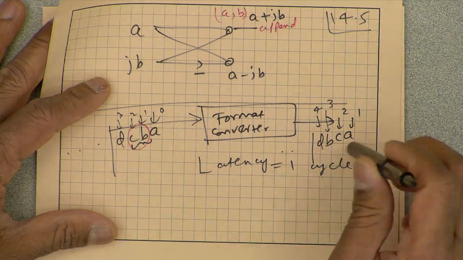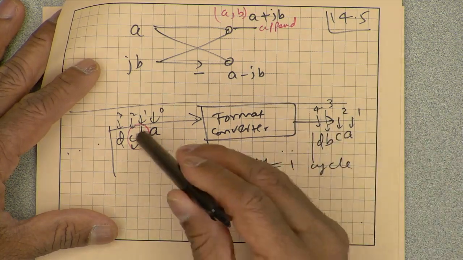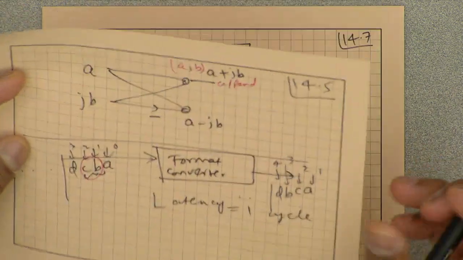The order of A and D remains the same, although with latency, but B and C are switched. That's what it does. B is delayed, C advances.